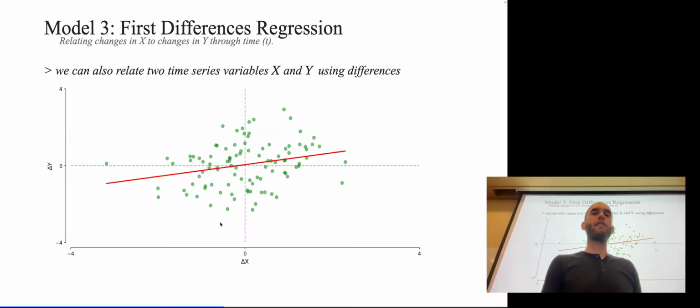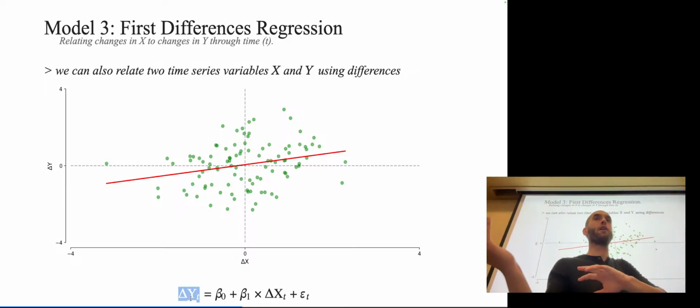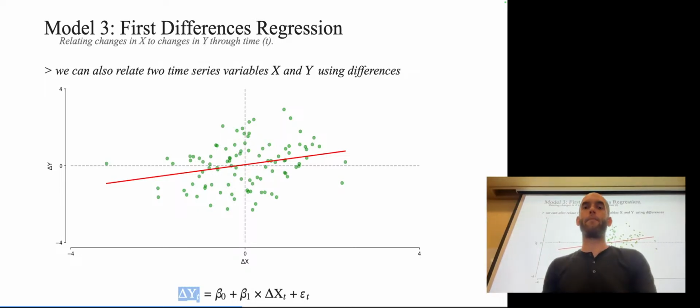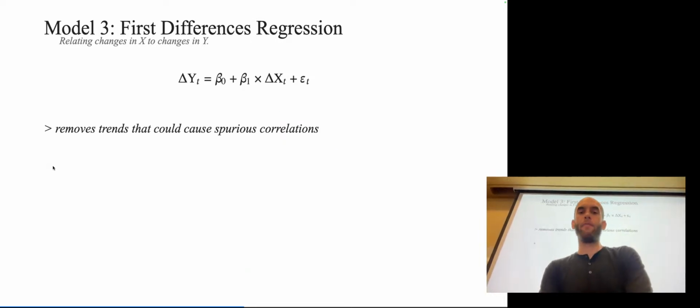But this is one of the things we can do, is run a regression predicting one time series variable against another time series variable. Just link them in time. So each one of these data points represents a change in unemployment against a change in GDP. And again, we're removing these spurious correlations because we're taking differences.